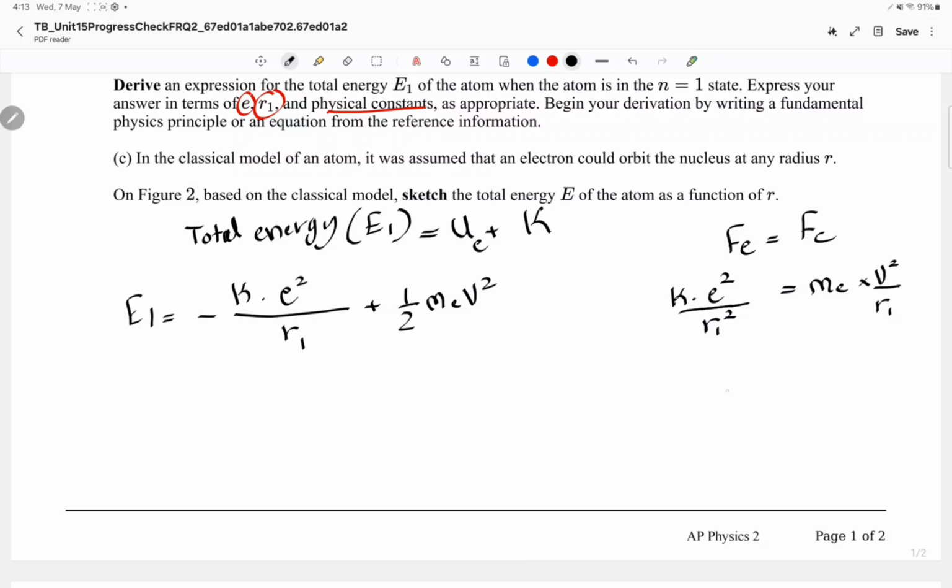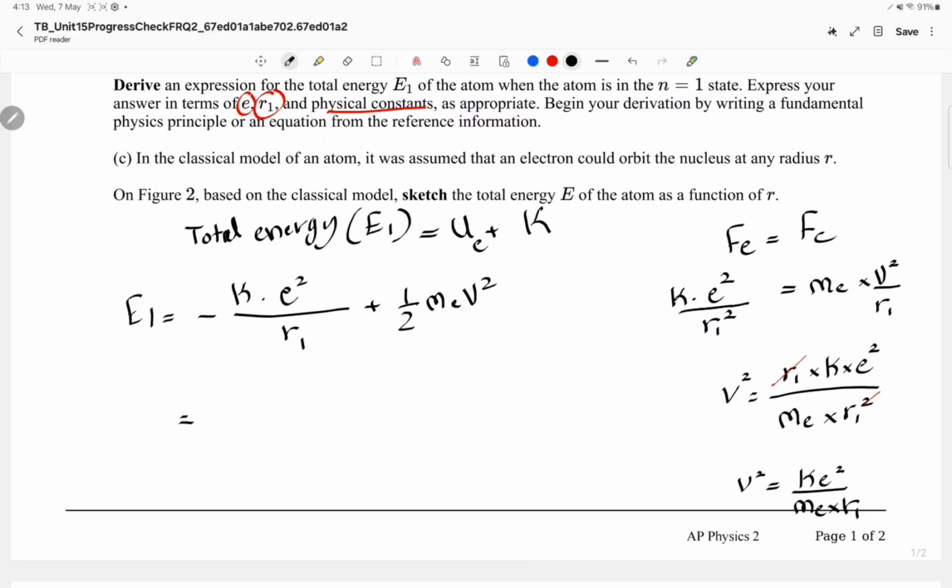And I'm going to say that v squared is equal to r1 squared times k times e squared over me times r1, and you can now cancel an r1 with a square. So we're going to say v squared is equal to k e squared over me times r1.